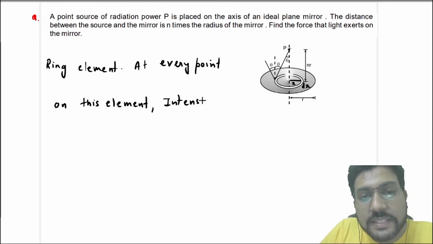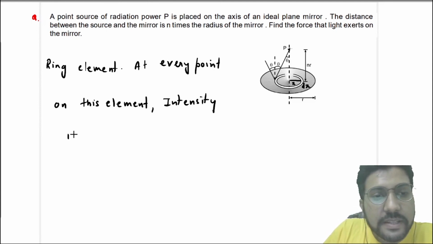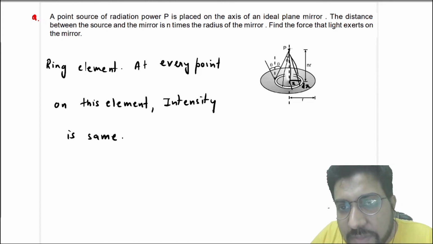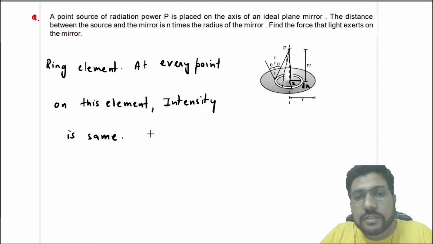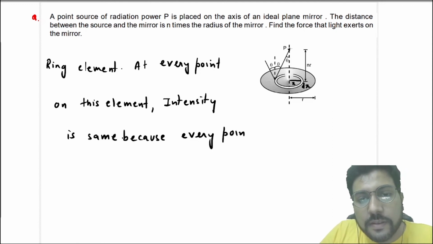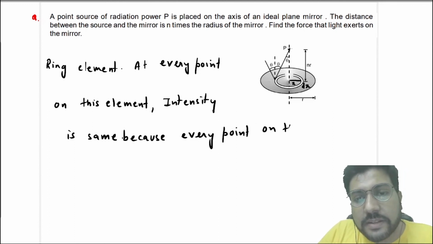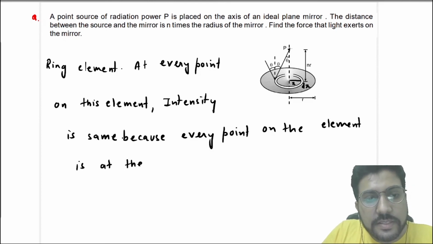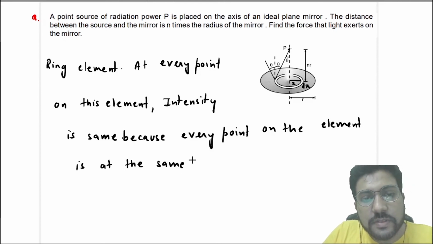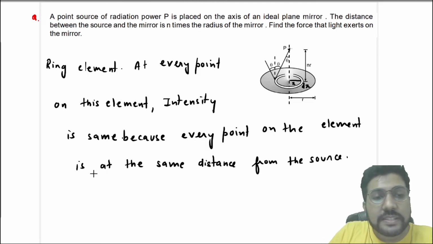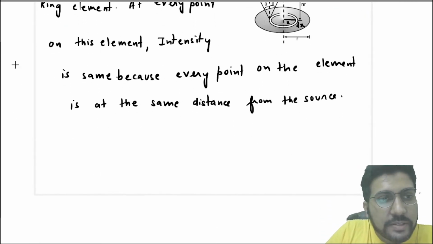Why? Think about it. Every point on the element is at the same distance from the source. So in this element the intensity at every point is the same.